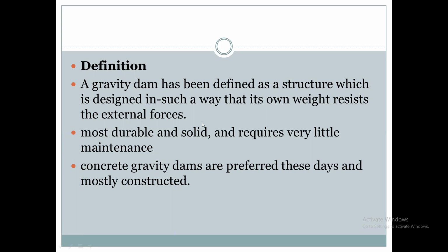These dams are more durable structures which are constructed with concrete, cement, sand, aggregate, steel, etc. These are the major materials used for the construction of this gravity dam. These are solid structures which require less maintenance.